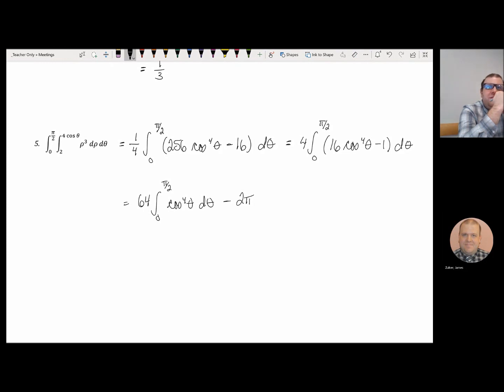One is simpler. There's a Calc 1 method and there's a Calc 2 method. Calc 2 method is integration by parts.